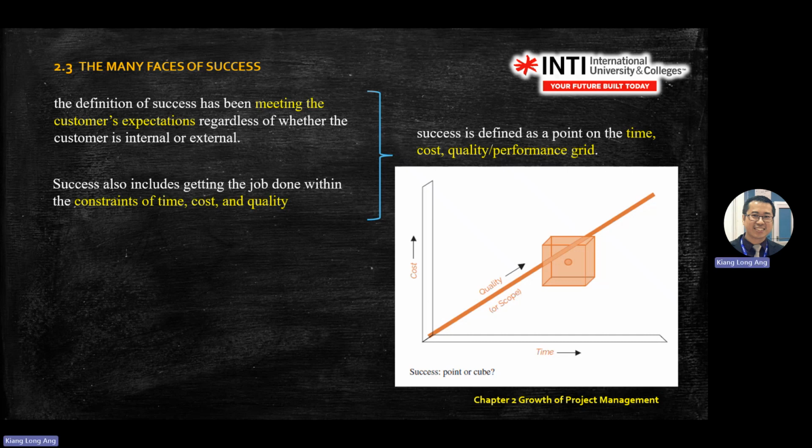As long as your project meets the time, meets the expected cost, and meets the customer scope or specification, the expected quality, then you have success. For this module, remember these three keywords: cost, time, quality. You can link quality to what the customer wants, or your project specification.